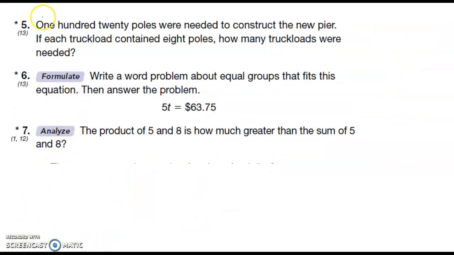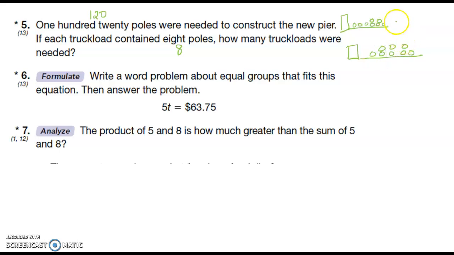All right, next one. 120 poles were needed to construct the new pier. If each truckload contained 8 poles, how many truckloads were needed? So great. I'm going to draw a truck. This is a truck. And it has 1, 2, 3, 4, 5, 6, 7, 8 poles on it. So I have 2 trucks. 1, 2, 3, 4, 5, 6, 7, 8.